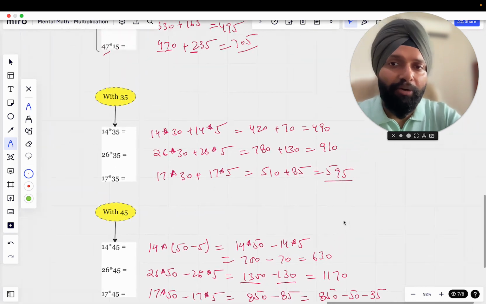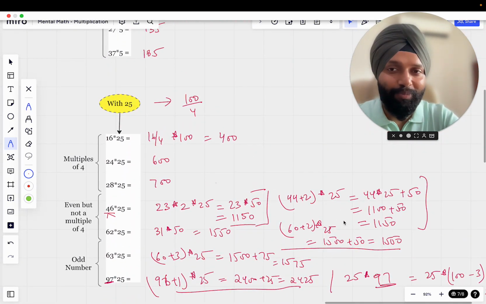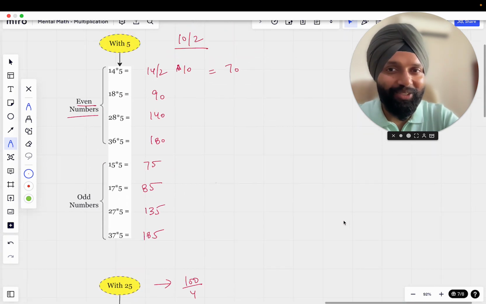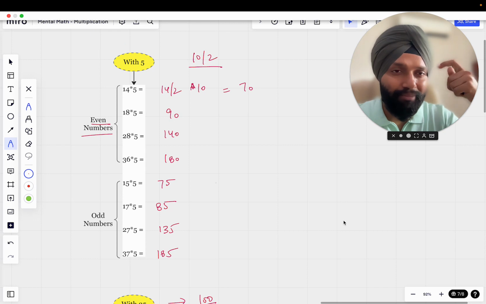Okay, so this is how you can multiply with multiples of 5. So again, I hope you understand that I did not really teach you any trick. I just taught you how to mentally multiply by seeing problems in a different way. Instead of looking at it as a multiplication with 5, you look at it as a multiplication with 10 by 2.